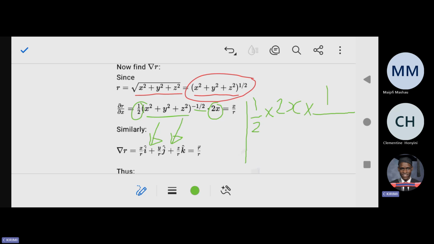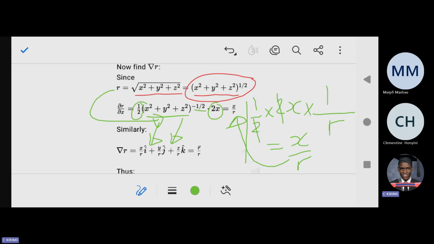The square root of everything under there we can replace with just an r, because the square root of x squared plus y squared plus z squared is the same as r. So if the 2s cancel, we are left with x times 1, and r is on the denominator. That answer is x over r.